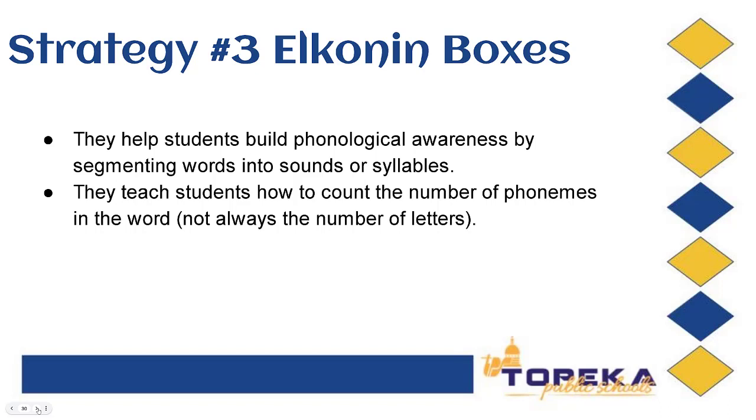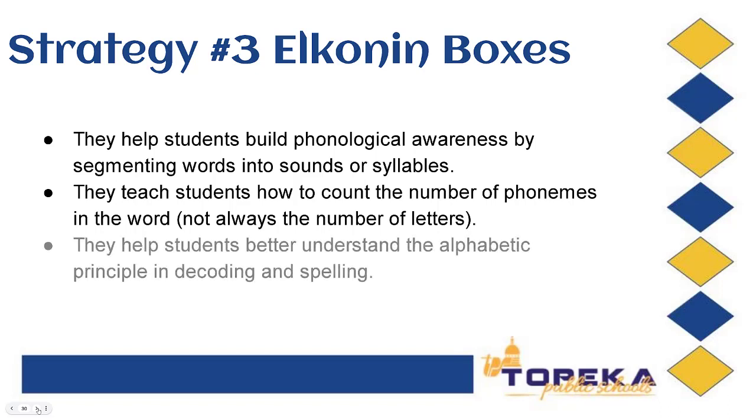I hear the ch, e, k, but it's really 5 letters because ch would be together as one sound and ck would be together as another sound. So they learn that that word has 3 phonemes. And so it would have 3 sound boxes.